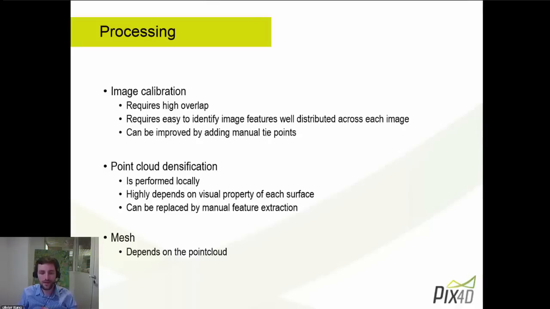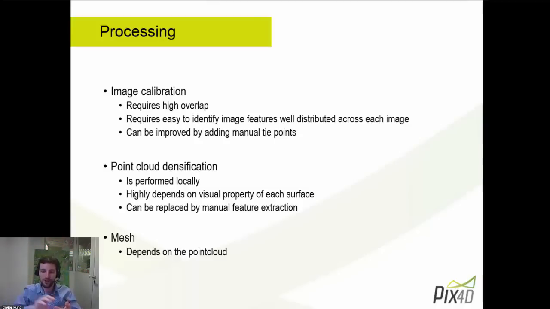And one of the main aspects of image calibration is that it requires a very high overlap. And as I've shown before, this high overlap is extremely hard to get for close-range objects with a normal perspective camera, but it's actually incredibly easy to get very, very high overlap using a fisheye lens.